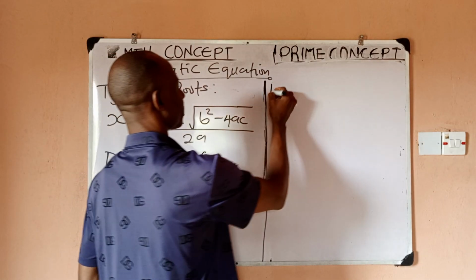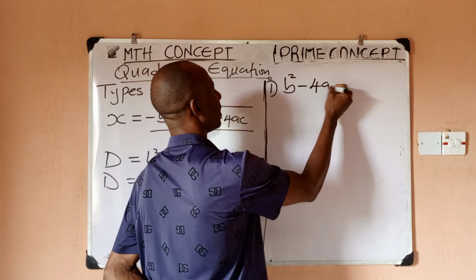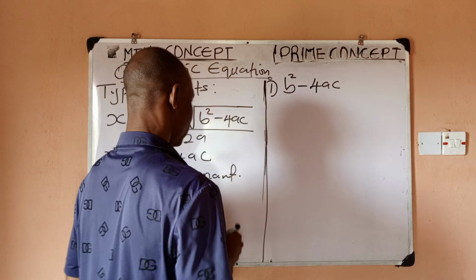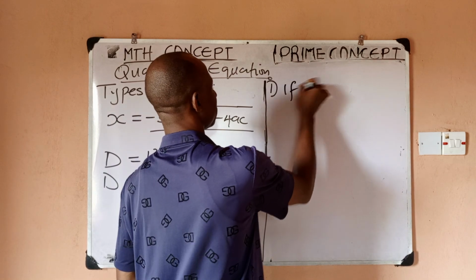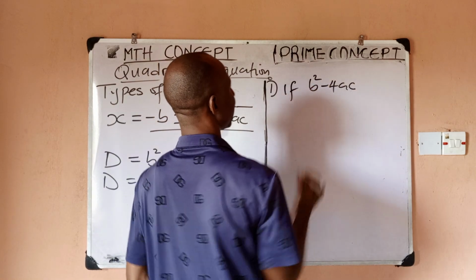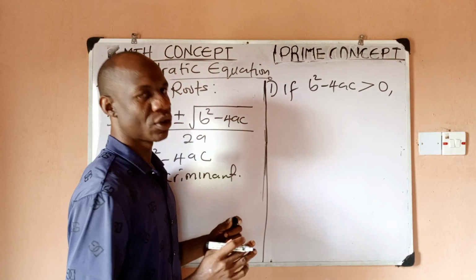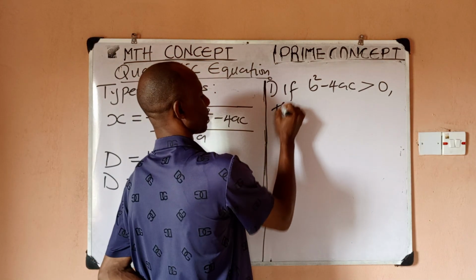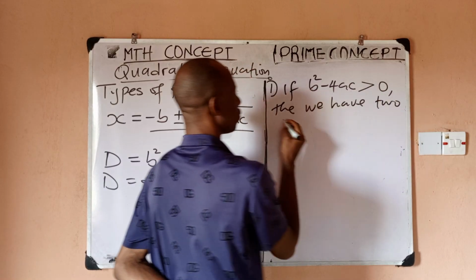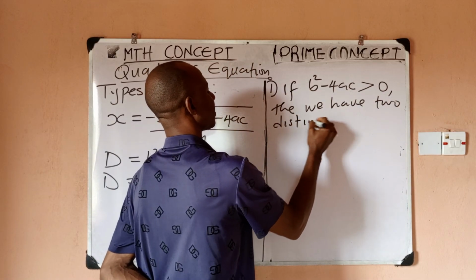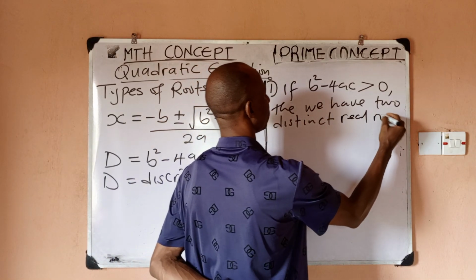Now, we want to look at these different kinds of roots, which are determined by this. So number one, if b squared minus 4ac, which is our discriminant, happens to be greater than 0, then the type of solution or root we would have is two distinct or different real roots.